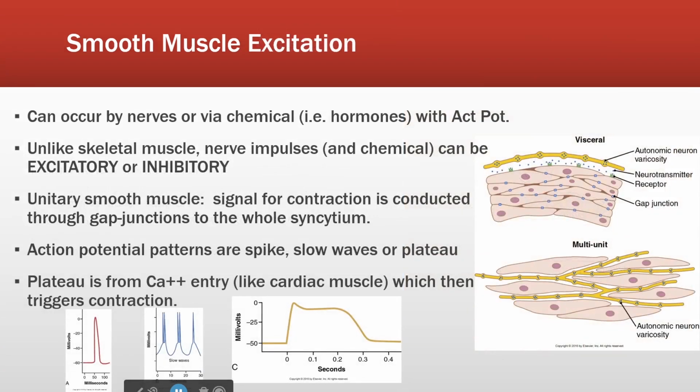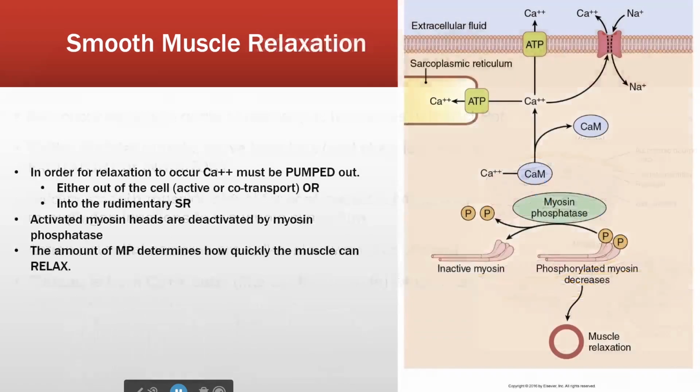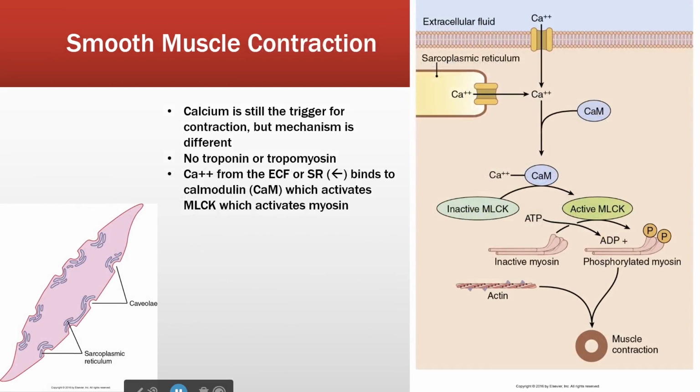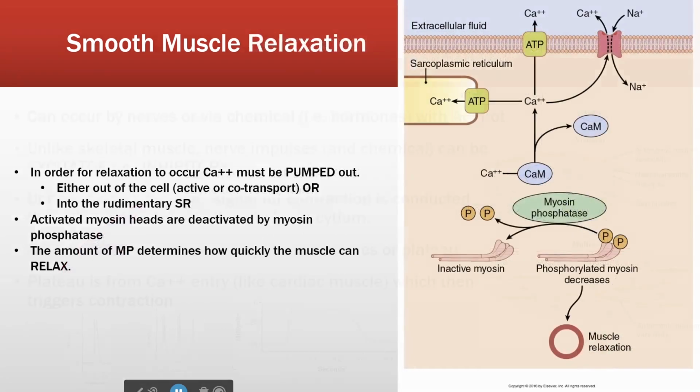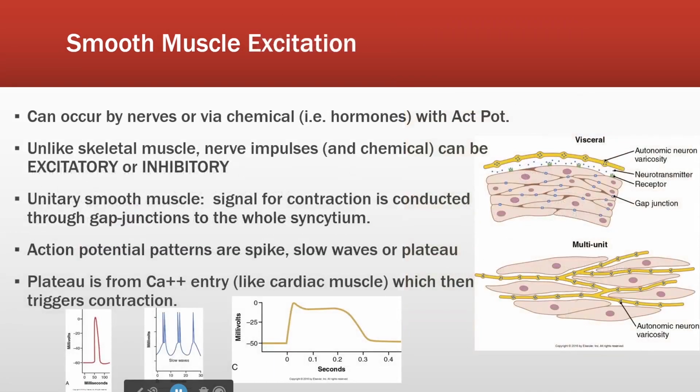All right, so what does excite smooth muscle? What causes the original contraction? What causes the calcium to enter in the first place? Well, it depends on what smooth muscle you're looking at, okay? Smooth muscle excitation can be either by nerves or by chemicals, hormones, chemical messengers. Both things happen. Like in our multi-unit smooth muscle, it is activated by neurons.